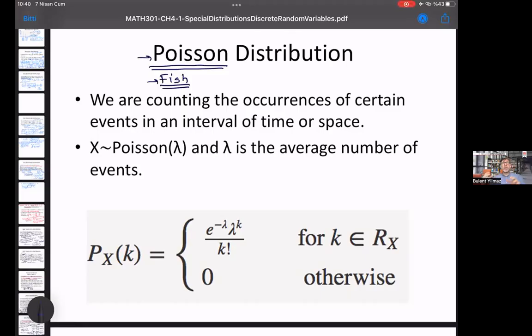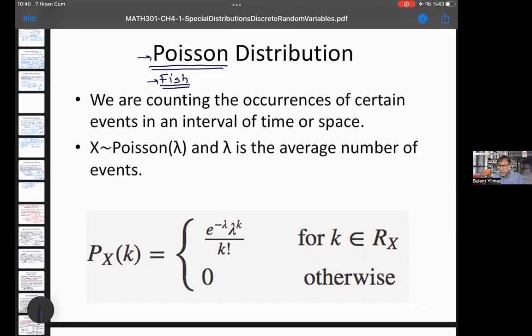For example, number of people entering the shop, number of cars passing by, number of particles hitting the sensor, number of something in a certain space, like number of rocks falling down to a certain area.